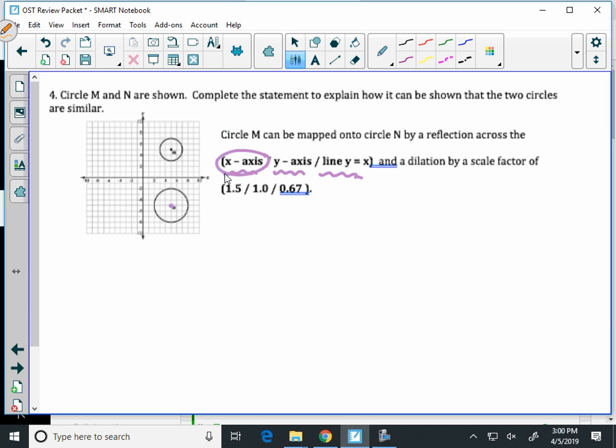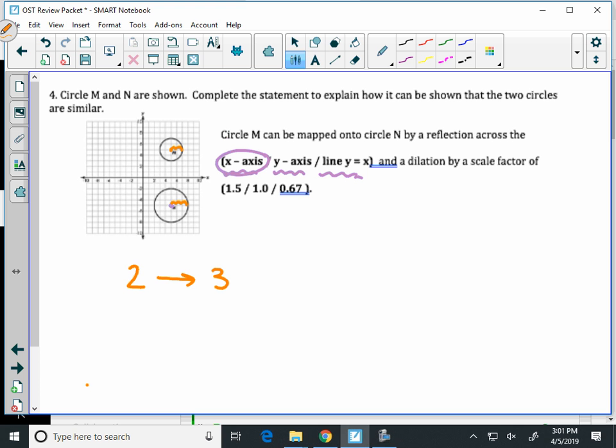And when you're trying to figure out scale factors with circles, you look at the radius. So the radius of our original circle was 2. Okay? And our new circle is 1, 2, 3. So you have to figure out, well, what do I multiply 2 by to get 3? And you have to guess and check.